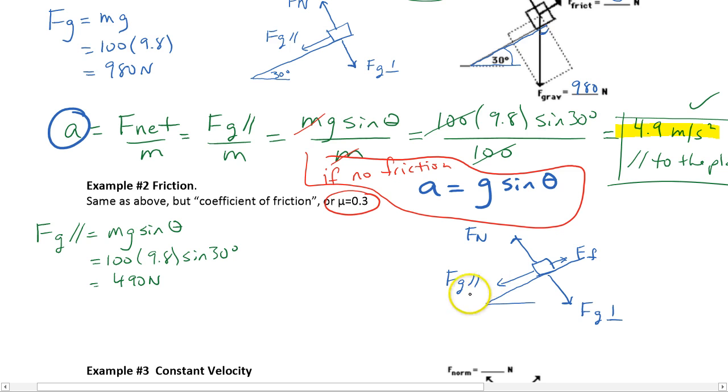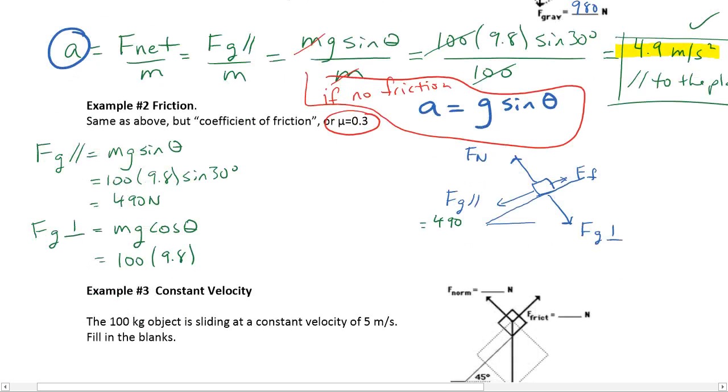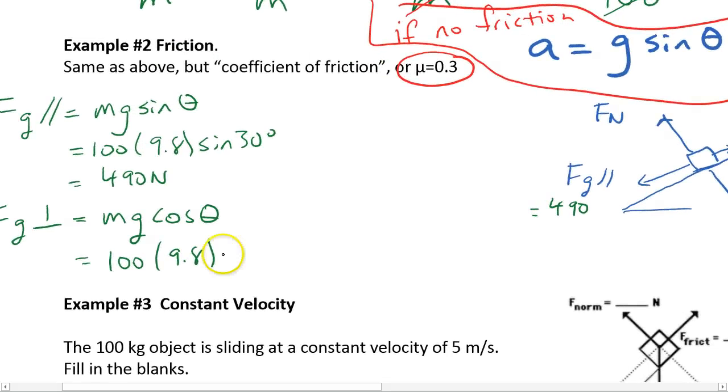So here we've got a 490. FG perpendicular is equal to mg cos of theta, which will be equal to 100 times 9.8 times the cos of 30 degrees, which will be equal to, do I have the number here?